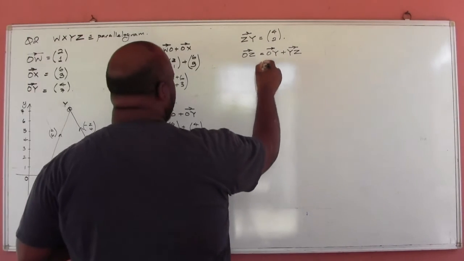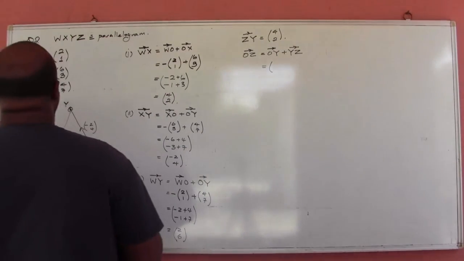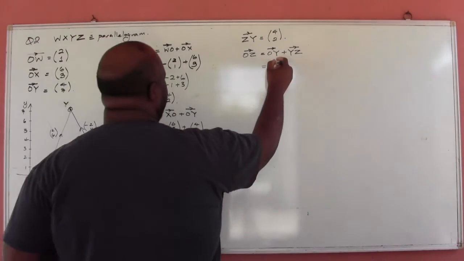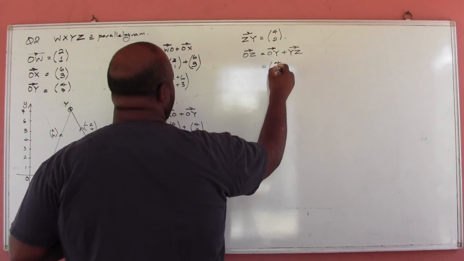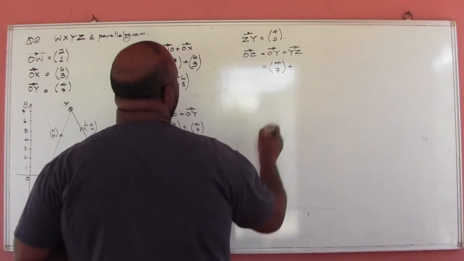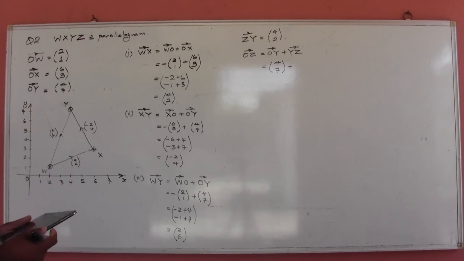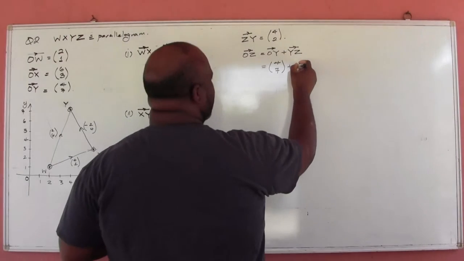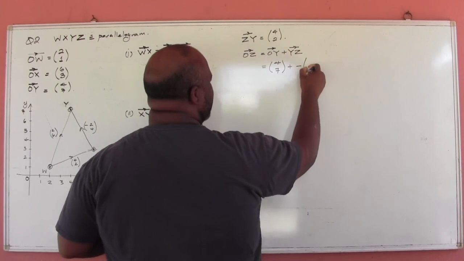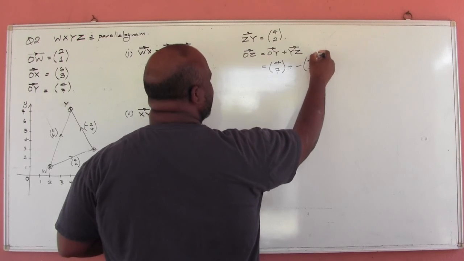OY is (4, 7). ZY is (4, 2), so YZ is (-4, -2).